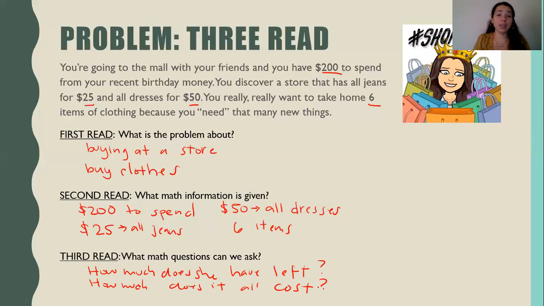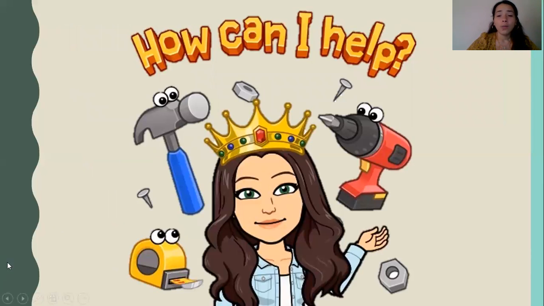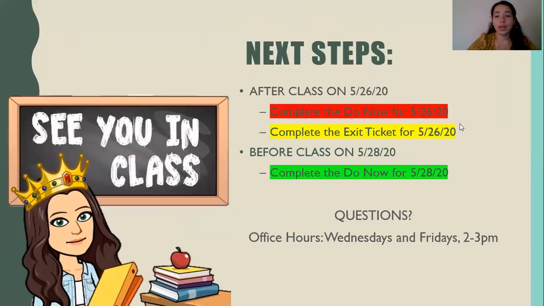Because if they want to buy 6 items of clothing, we need to figure out, well, how many jeans is she going to buy? Are they going to buy 5 jeans and 1 dress? Are they going to buy 3 jeans and 3 dresses? We're not going to figure that out today because this is something we're going to do next time.